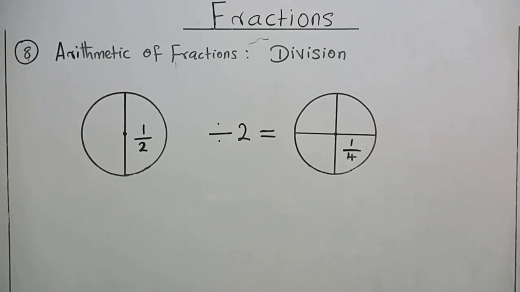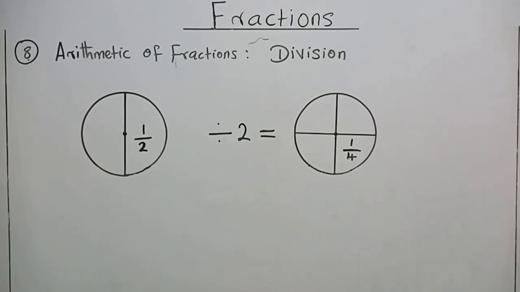And the size of each half is written to be 1/2. I hope you know why it is 1/2. A whole orange, for instance, was broken into 2, and one portion picked is named as 1/2.